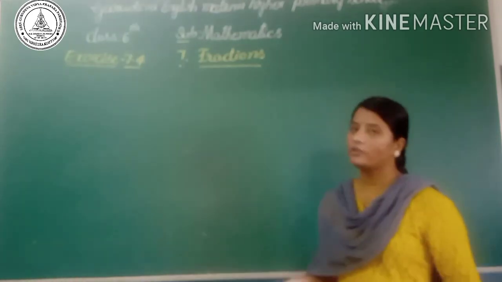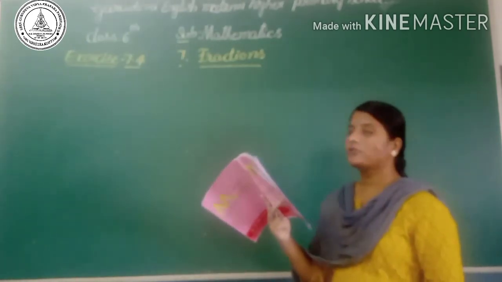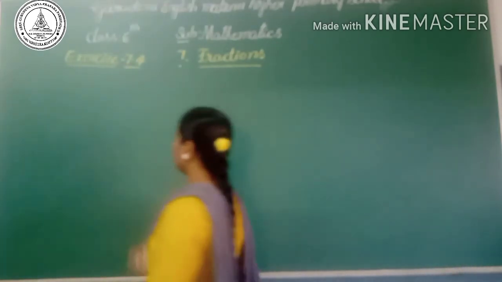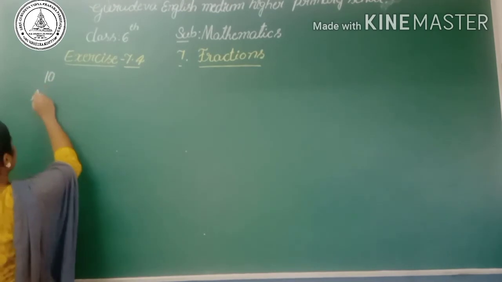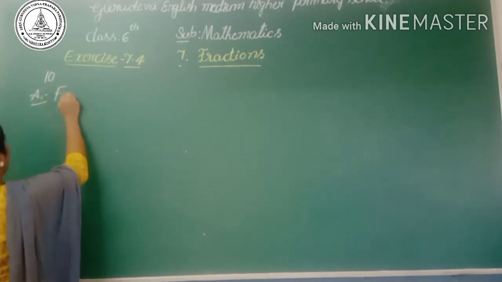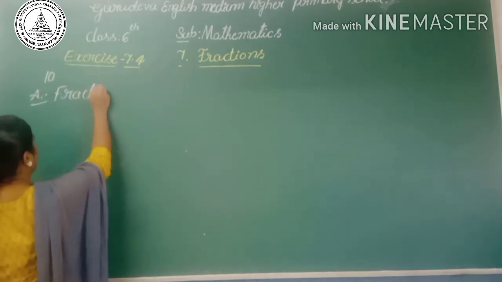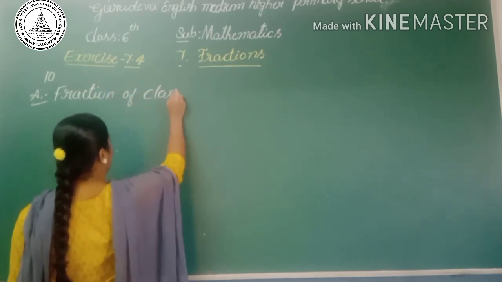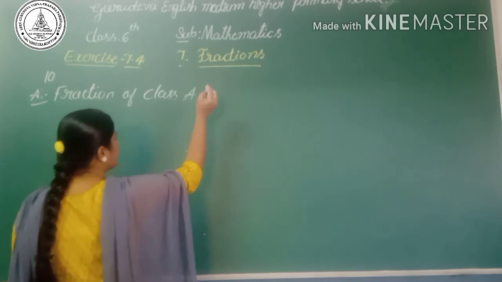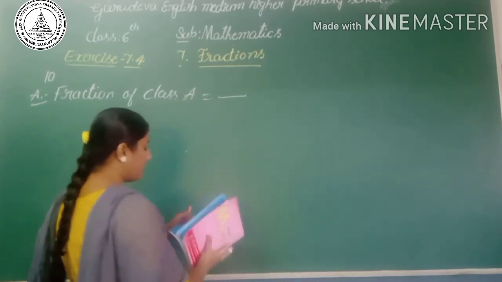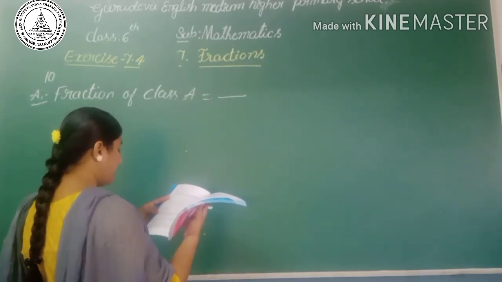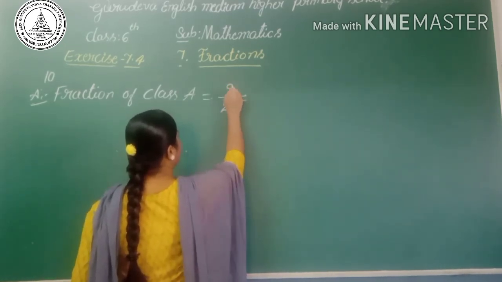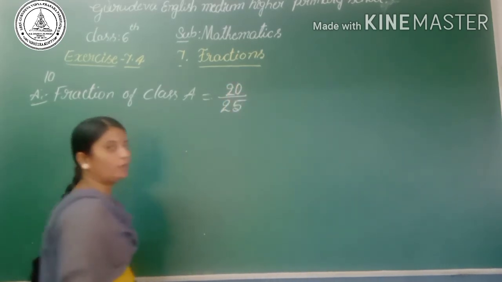First, we have to write the fraction of class A. Fraction of class A is equal to: the total strength of class A is 25, and 20 students passed with 60% or more marks.